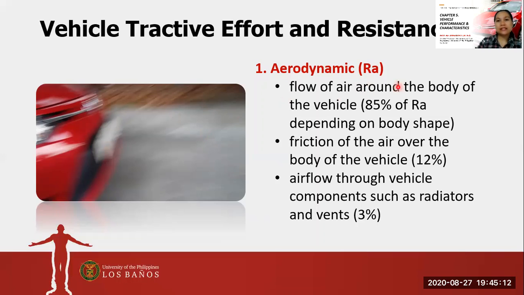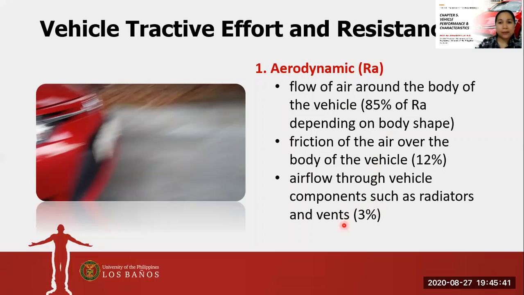So this resistance comes from three sources. 85% of the aerodynamic resistance comes from the flow of air around the body of the vehicle, and this depends on the shape of the vehicle. About 12% of the RA is coming from the friction of the air over the body of the vehicle.